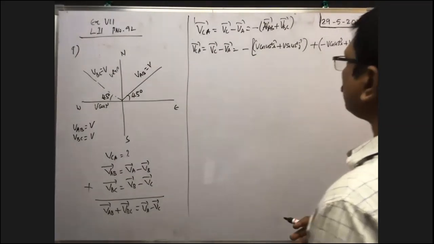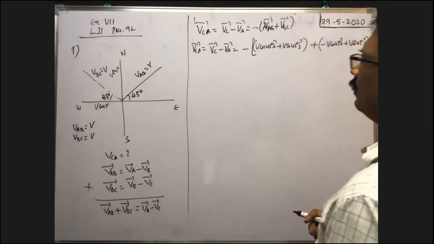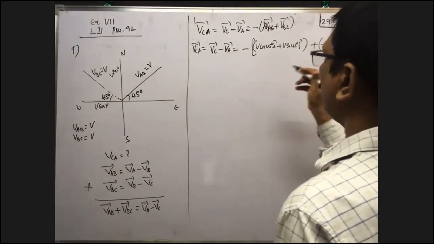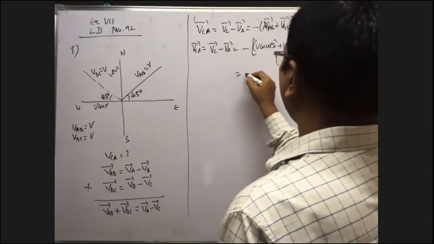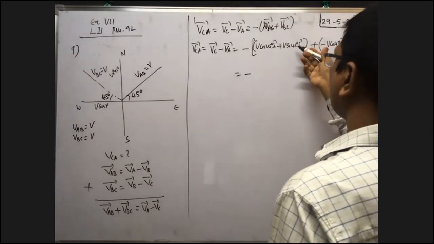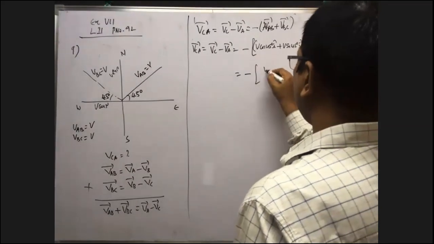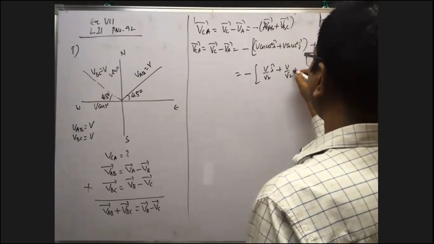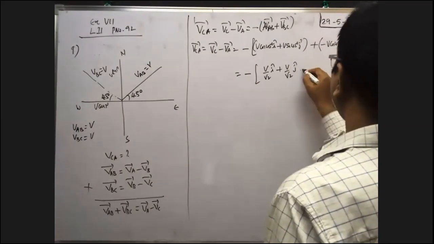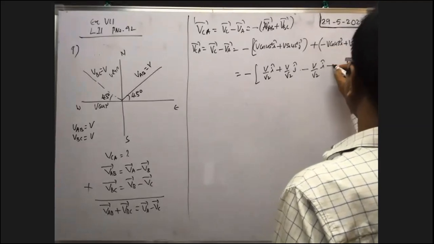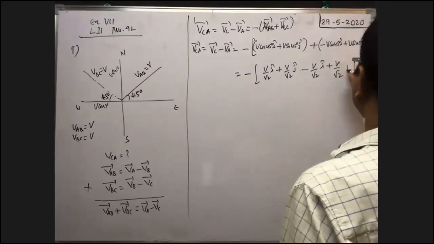In all terms we can take V sin 45 or V cos 45, both are the same, V by root 2. So minus of V by root 2 I cap plus V by root 2 J cap plus minus V by root 2 I cap plus V by root 2 J cap.